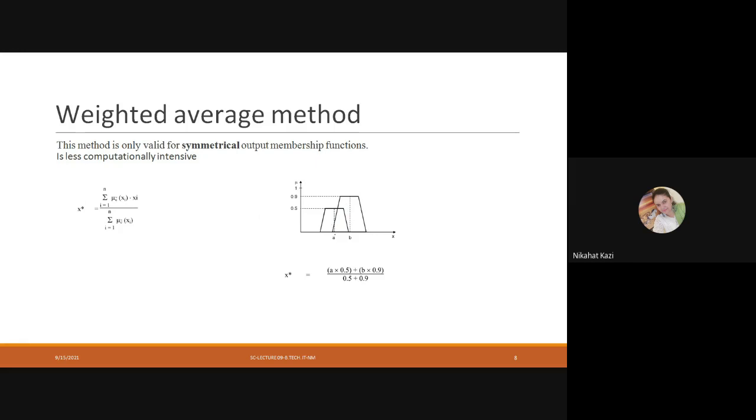So this particular value A, you will multiply with whatever is the peak value, that is 0.5, the center of that particular fuzzy set that you consider. This particular fuzzy set you will consider the center of it, B, you will multiply by this and find the weighted average. So you divide it by the sum of the memberships. So that is weighted average. So whenever you have a symmetrical output membership function, you can go for that. It is faster. Okay.